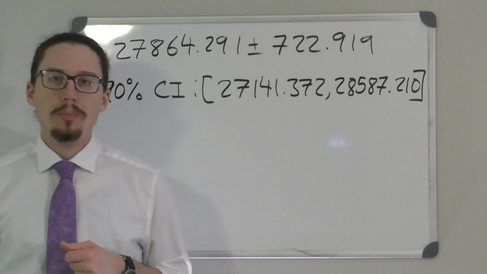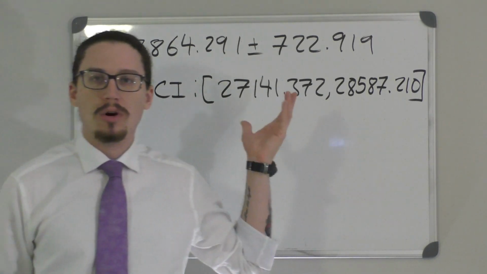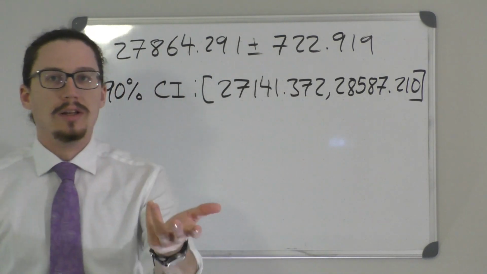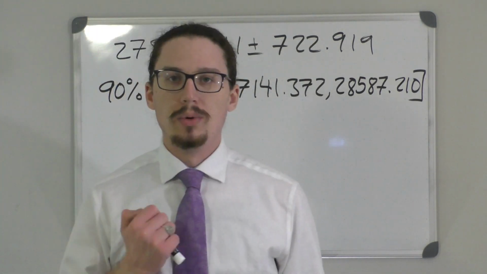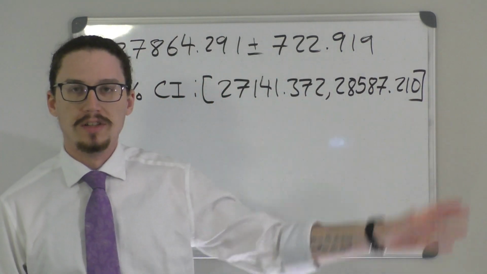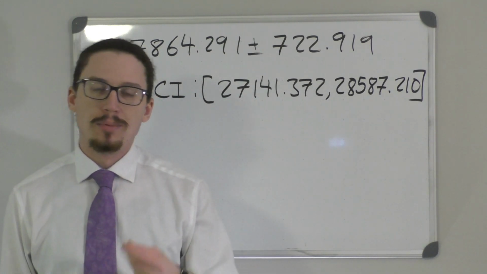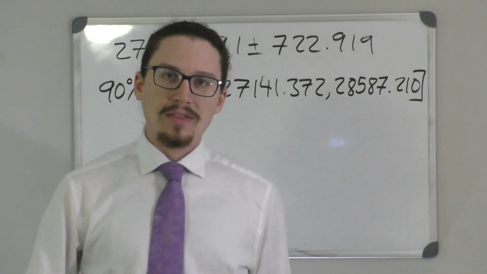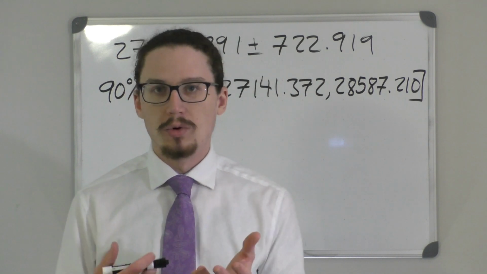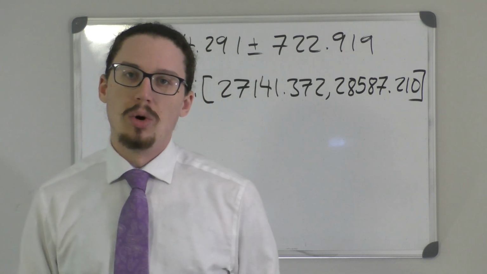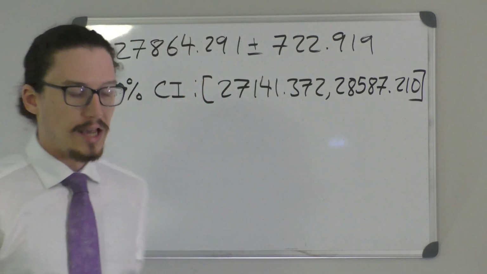If we're asked to interpret that confidence interval, the interpretation is identical to the way we've done it previously. Whatever our confidence level is, we're that percent confident that the population mean for whatever we're looking at is between our upper and lower boundaries.